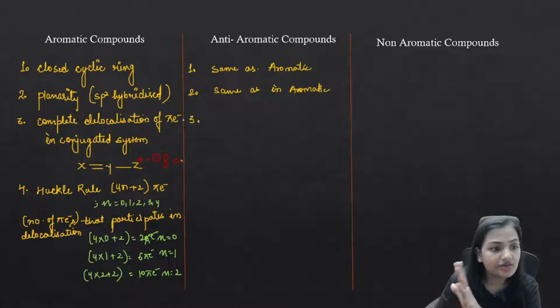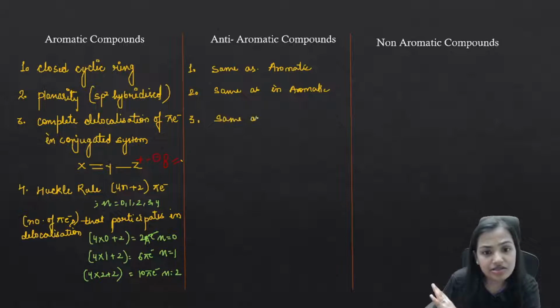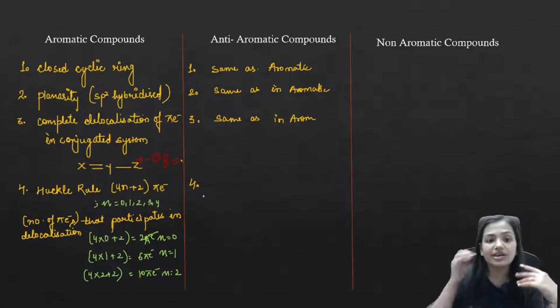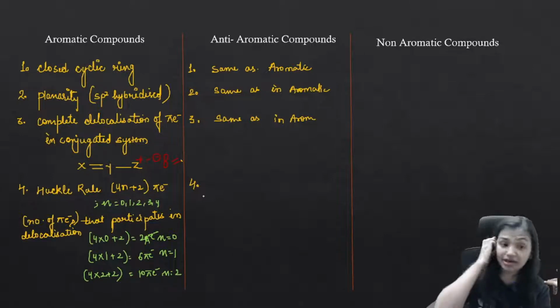Here in the case of the anti-aromatic, the delocalization of pi electrons in the conjugated system is also the same as in aromatic compounds, but point number 4 is different. So what is different in point number 4 for the anti-aromatic compounds?